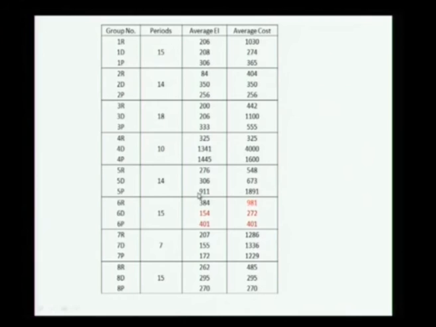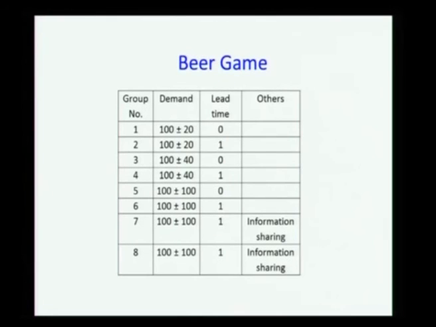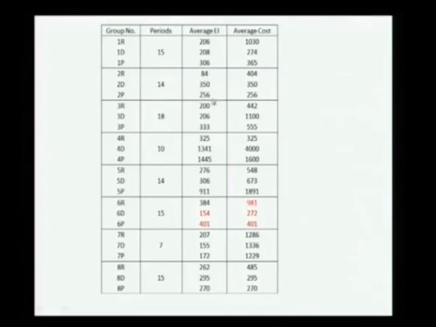So more variation in the system increases the average inventory. Now the variation in demand is not very high, but there is a lead time, and the lead time distributes the inventory unevenly in the supply chain, which can be seen in group number 2's performance.